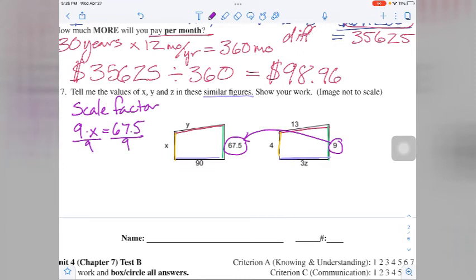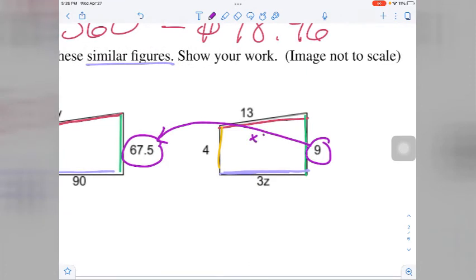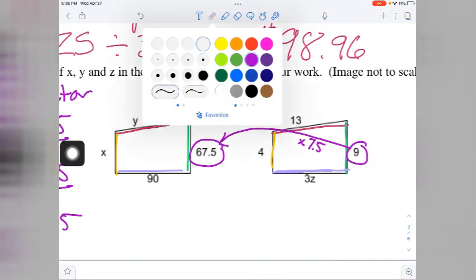I'm just dividing by 9, so 67.5 divided by 9 equals 7.5. Oh, this is a little confusing, because this is really my scale factor. My scale factor is 7.5. So when I have 9, I multiply by 7.5, and that gives me 67.5.